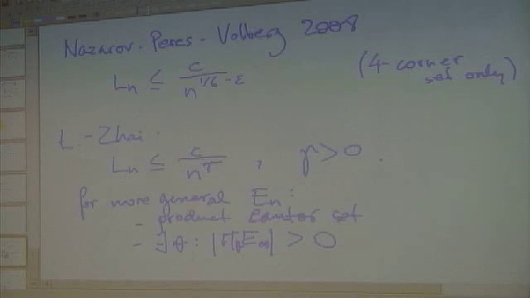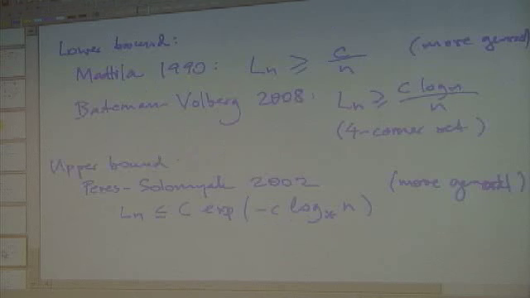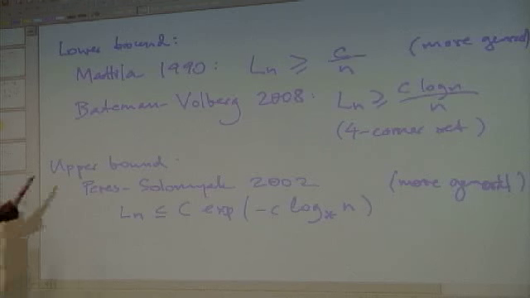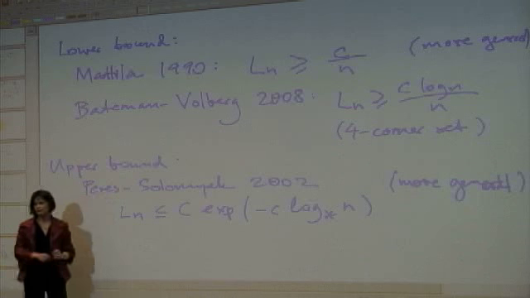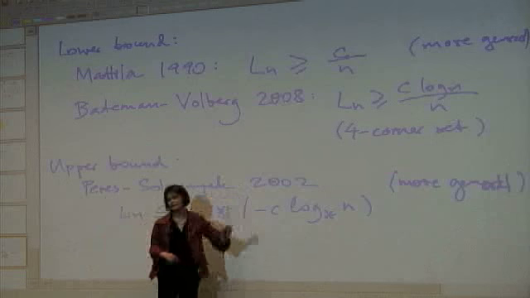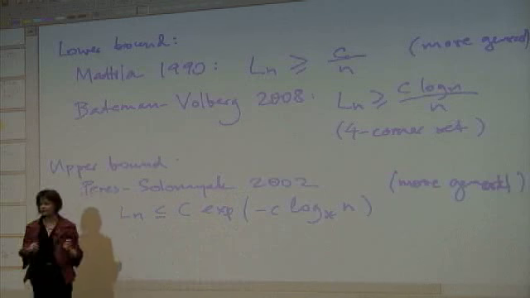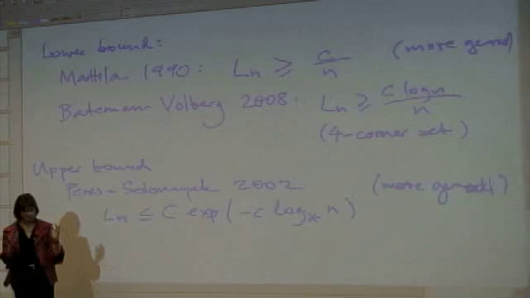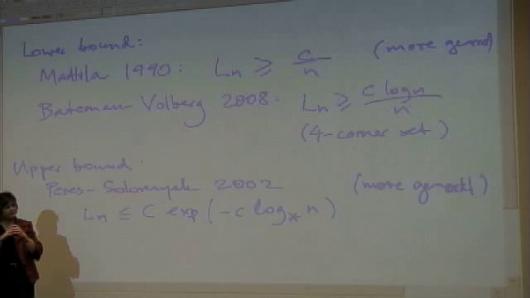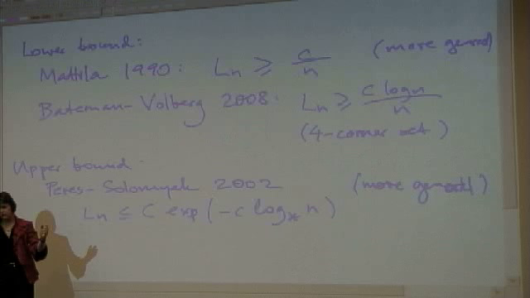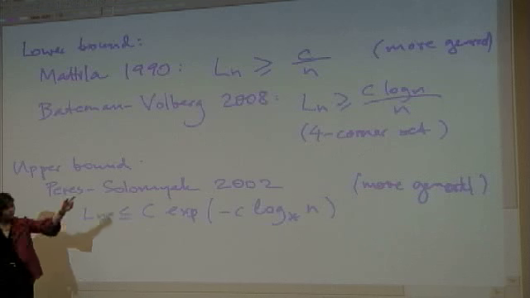If you go back here to the lower bounds, and specifically if you look at the lower bound of Bateman and Volberg that I mentioned, their proof uses specifically the fact that the four-corner Cantor set gets projected to an uninterrupted line segment if you choose your direction the right way. That's important in the proof.